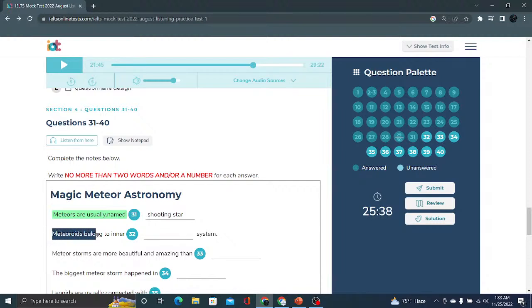Meteorites belong to inner blah blah system. Incineration of a piece of celestial debris entering our atmosphere. Many meteors are quick flashes, but some last long enough for us to track their brief course across the sky. Right. Now and then, a meteor truly will light up the night, often brighter than Venus, although rarely, even brighter than the moon, leaving in its wake a dimly glowing trail that may persist for minutes.